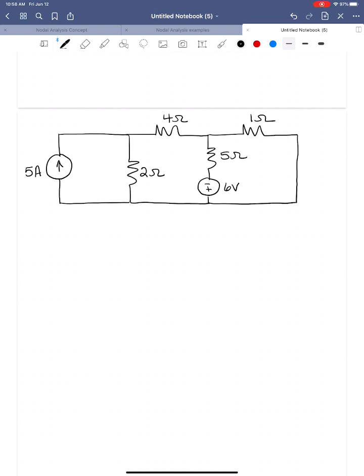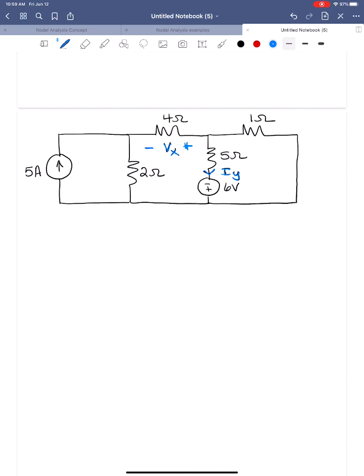Okay, so we're going to solve for this voltage here. I'm going to call this voltage Vx, and we're going to solve for this current here. We're going to call that current Iy, and I'm going to go over these in blue so we can see them a little better.